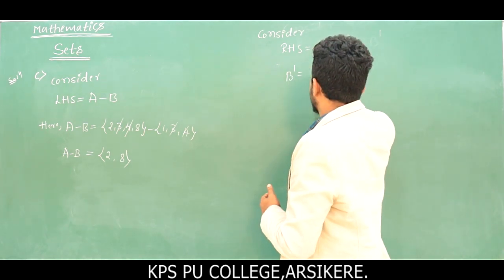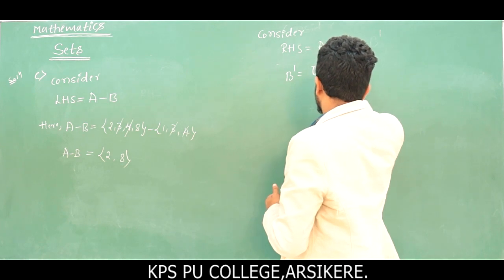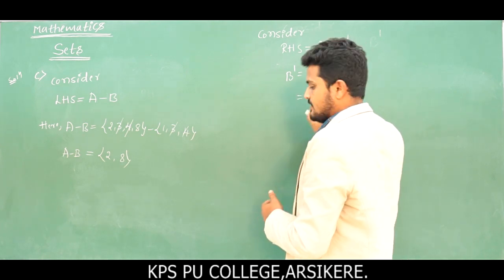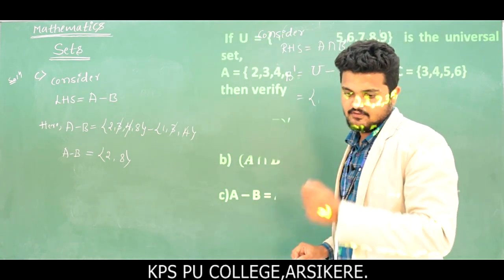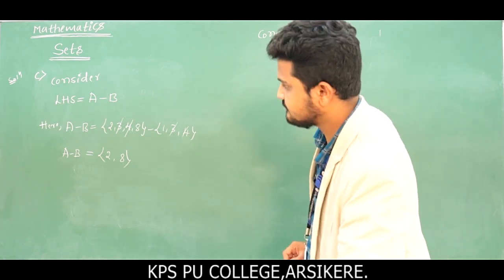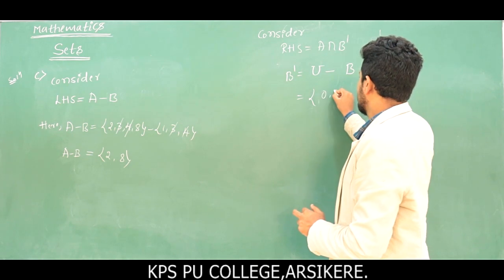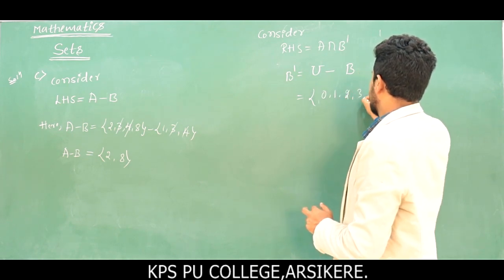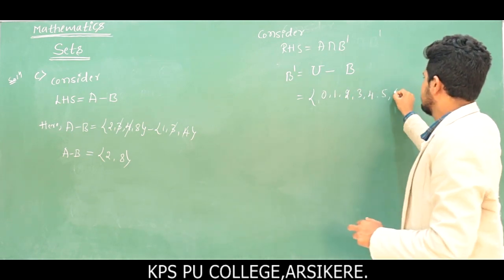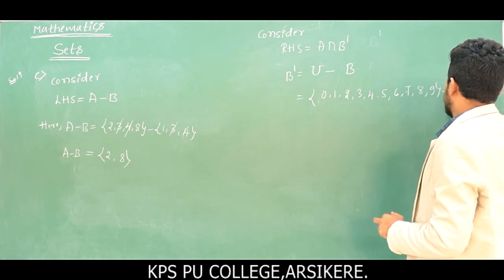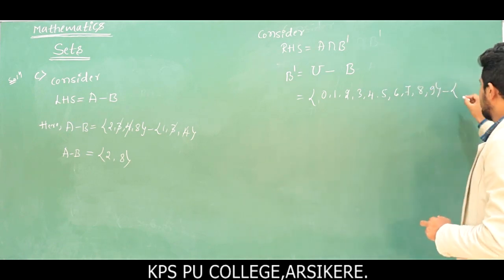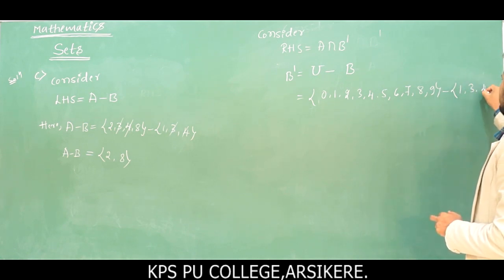You already know that it is the universal set minus B. So first you write the universal set: 0, 1, 2, 3, 4, 5, 6, 7, 8, 9, minus set B, which is 1, 3, 4.